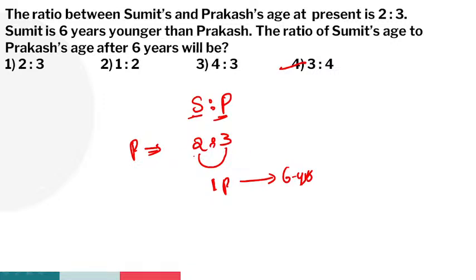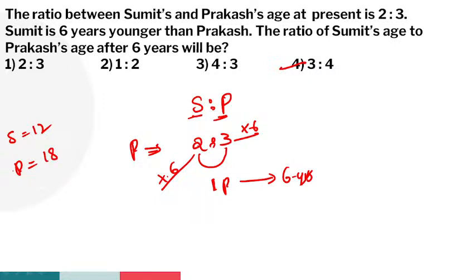First find out the Sumit age. Sumit is how many parts? 2 parts. 1 part is how many years? 6 years. So 2 6s are 12. Sumit age is 12 years. Find out the Prakash age. Prakash is how many parts? 3 parts. 1 part is how much? 6. 3 6s are 18.